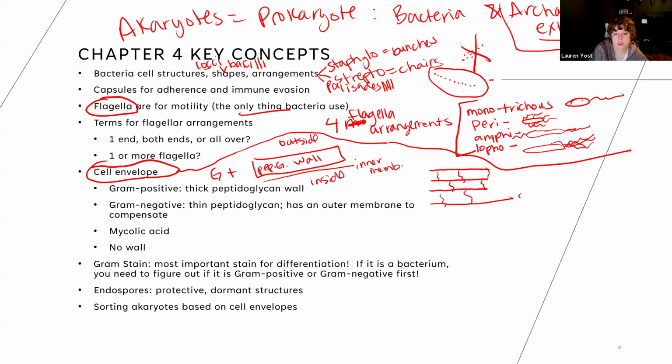So we have chains of sugar. That's the glycan part. And then these are our peptide bridges, holding that scaffolding together. And this is peptidoglycan.